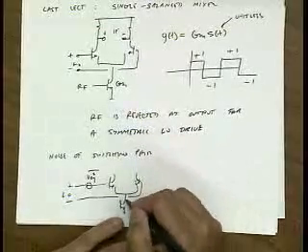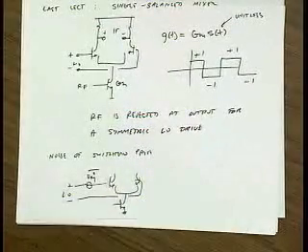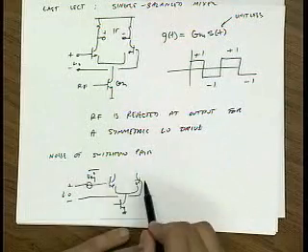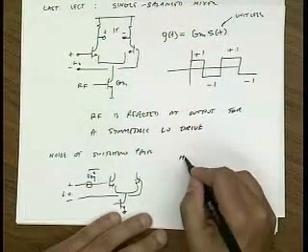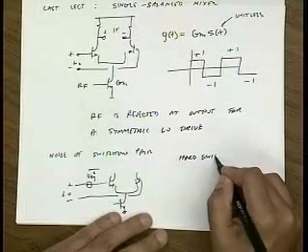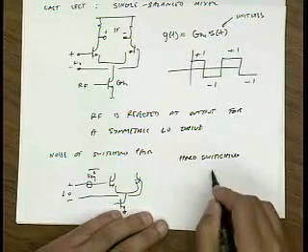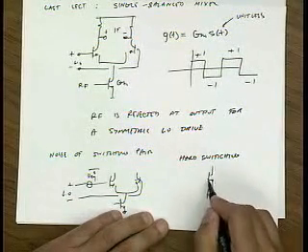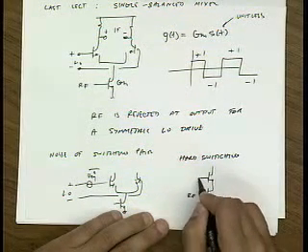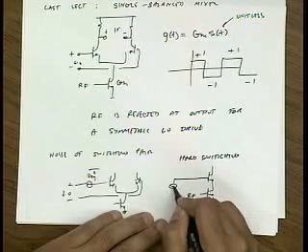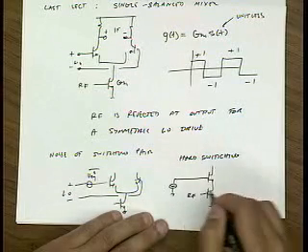Now, the important observation to make is that if I swing this differential pair very hard, so for hard switching, the equivalent circuit is always something like this. The AC equivalent circuit from the RF port.